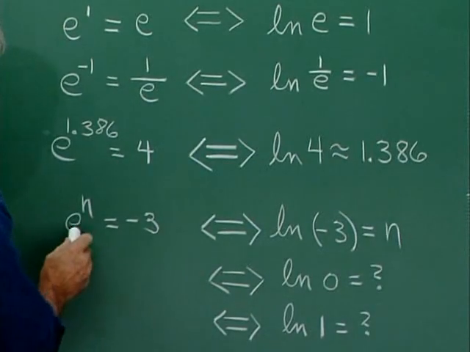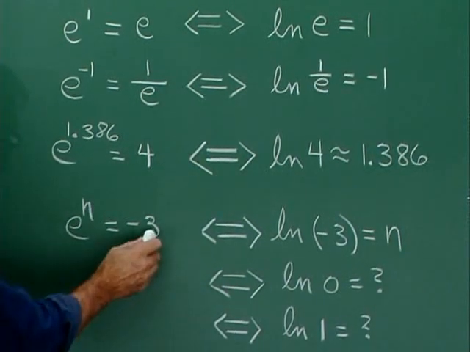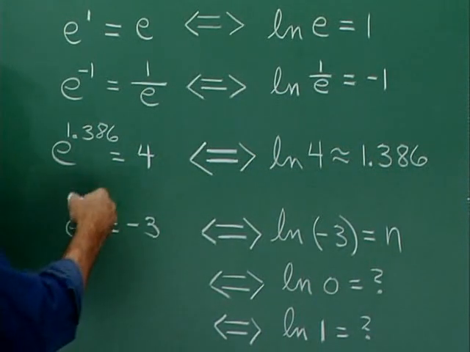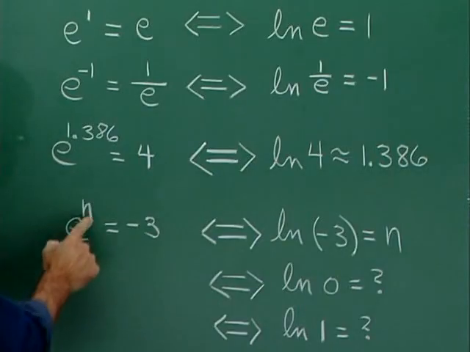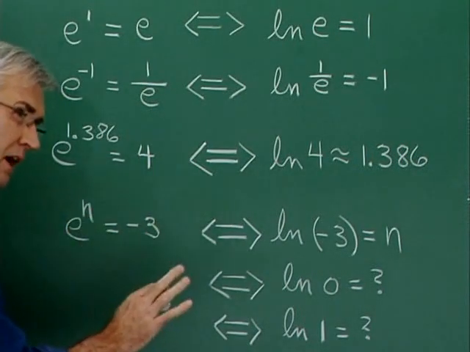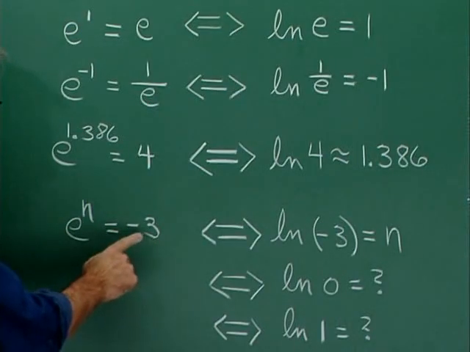Now, we have a positive base, an exponent, and a negative result. Can we raise 2.7, the value of e, to some exponent and get a negative value? No, that's not possible. No matter whether the exponent is positive, negative, or 0, we can never get a negative result.